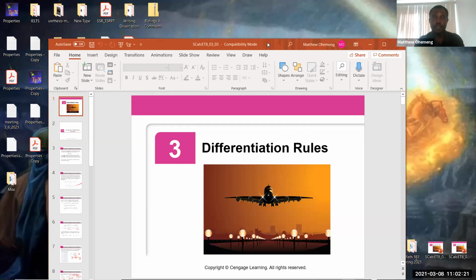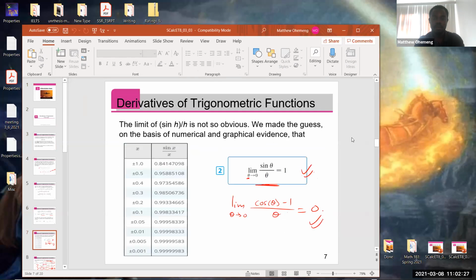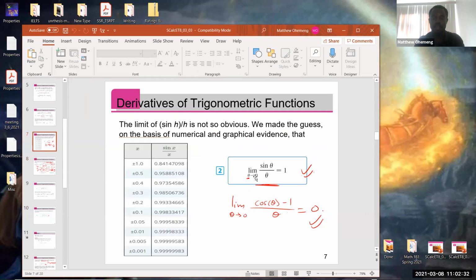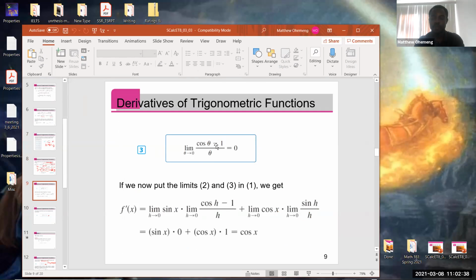So last time, on Friday, we introduced some differentiation rules for trigonometric functions. Let me share my screen. Okay, please, I'm sharing my screen. If you can't see, let me know, right? So we looked at differentiation formulas for trigonometric functions. We saw two important limits: the limit as theta approaches 0 of sine of theta over theta, which we said was 1, and the limit as theta approaches 0 of cosine of theta minus 1 all over theta, which is equal to 0.